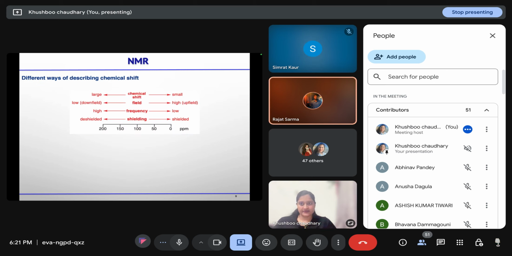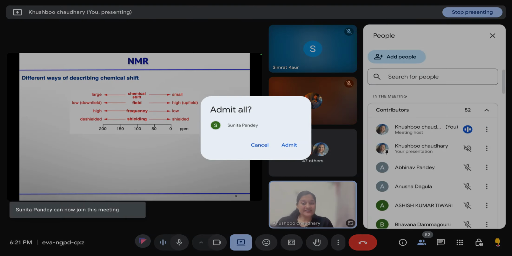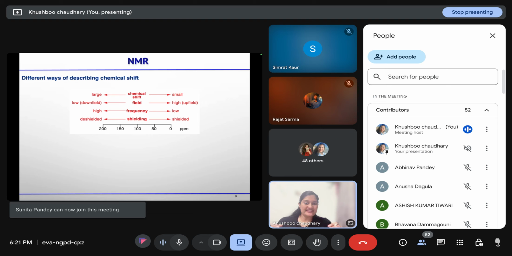Yes, ma'am. Got it. So now, what are the different ways of describing your chemical shift? If we are considering our carbon 13 spectra, that we divided into the four regions, 0 to 50, 50 to 100, 100 to 150, and 150 to 200, the region that is near to zero, we will call shielded, because all the carbons that have more electron density will come in this region.